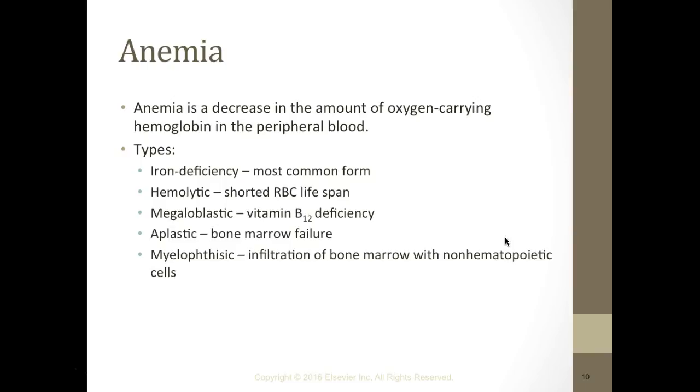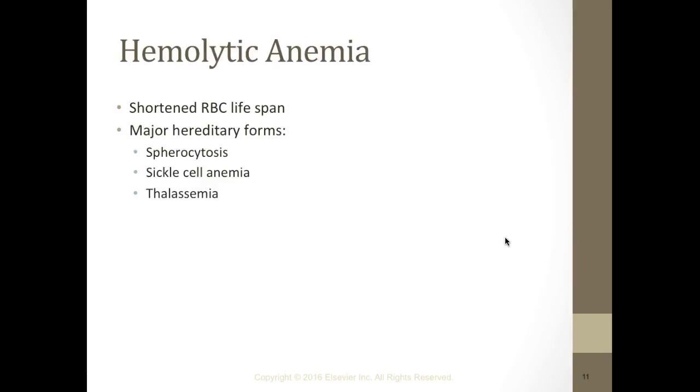There's megaloblastic, which is a deficiency in vitamin B12. There's aplastic, which is bone marrow failure, probably the most severe type, and myelophthisic, which is infiltration of the bone marrow with non-hematopoietic cells.